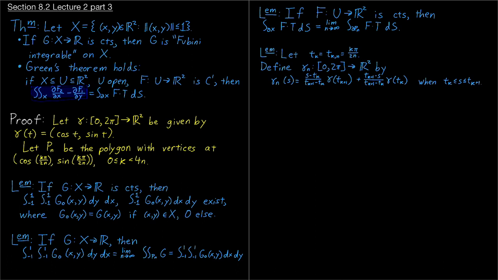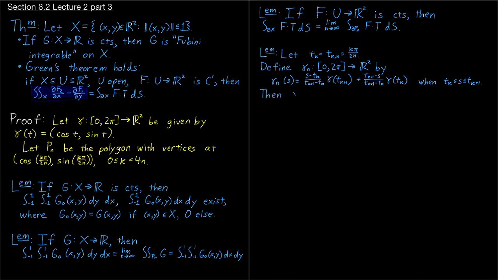So you'll notice our right-hand side is giving us the straight line segment from gamma of tk to gamma of tk plus 1.